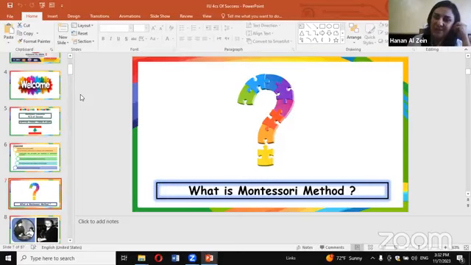When we talk about Maria Montessori, we are talking about one of the first female Italian doctors, physicians, who used a sensory motor technique, or sensory motor approach. At the beginning, she developed this method with disabled children in Italy.